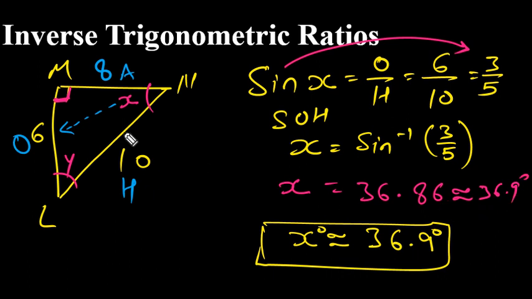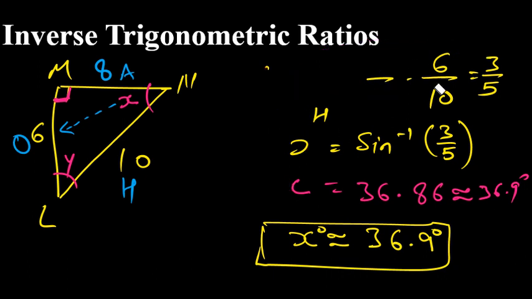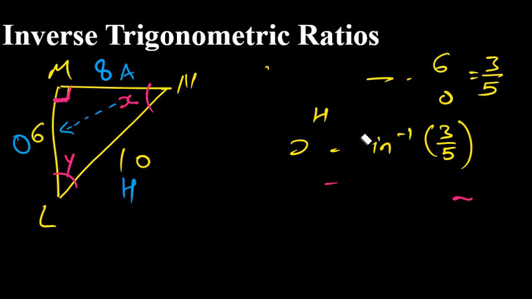So in both cases, whether you use sine, cos, or tan, no matter, as long as you know all the sides, you can find the angles. Now what about y? Let's remove this and try to find y now.